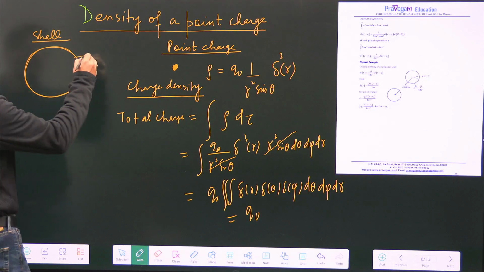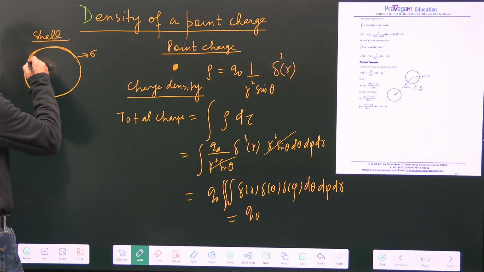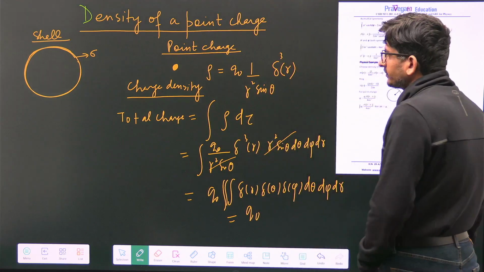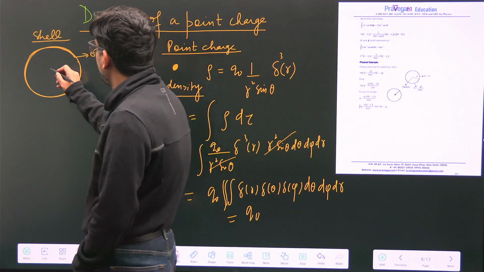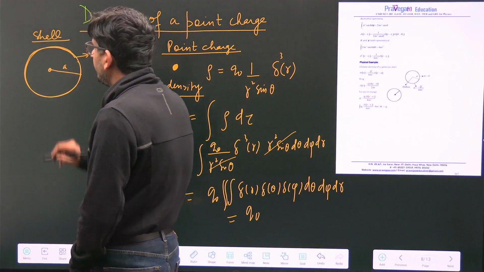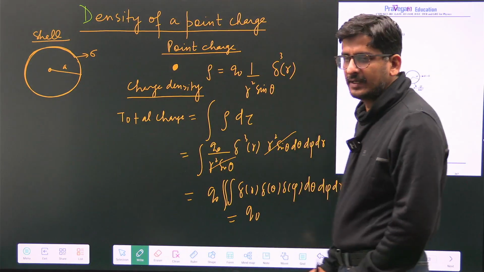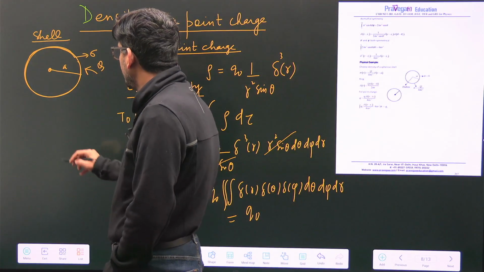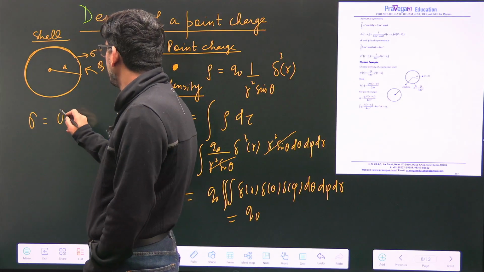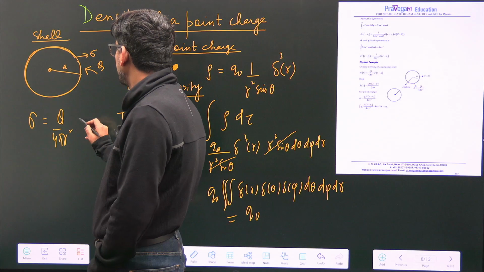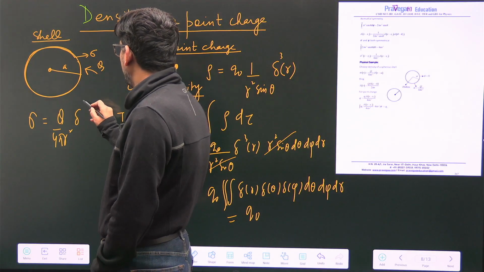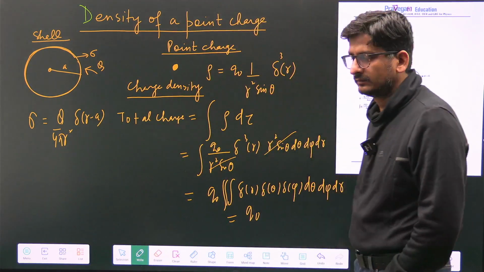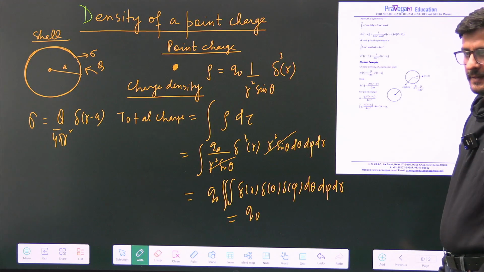Charge is only present on the surface and absent elsewhere. So I can do this: when the radius is a we get a finite value, and otherwise it is absent, right? So suppose Q charge is spread, so I can write sigma as Q by 4 pi r square delta function r minus a.